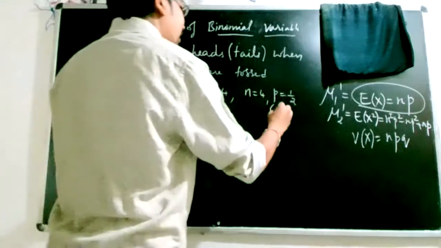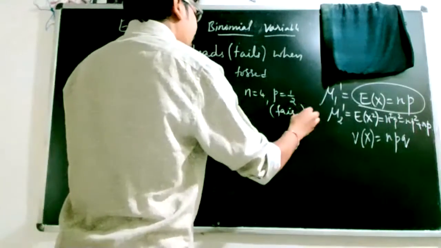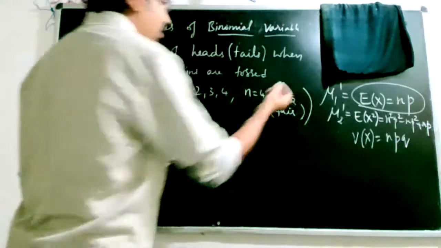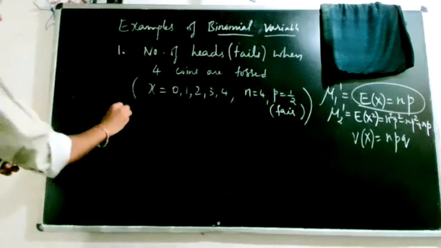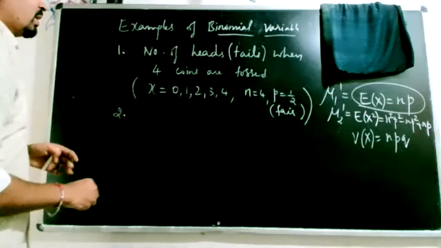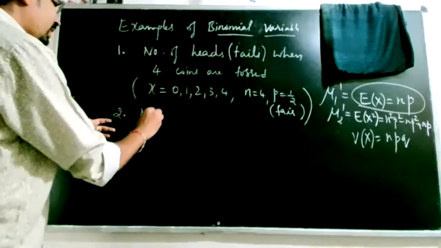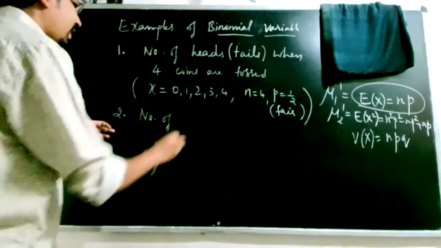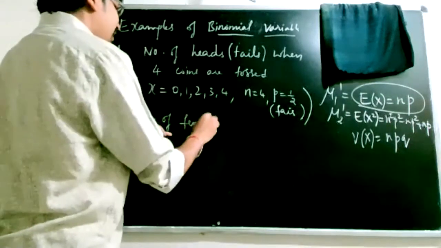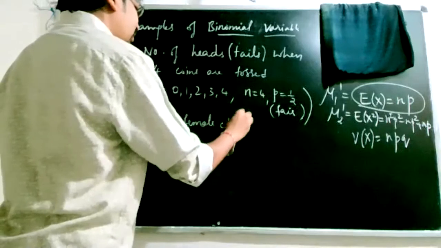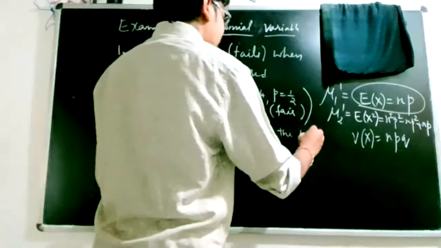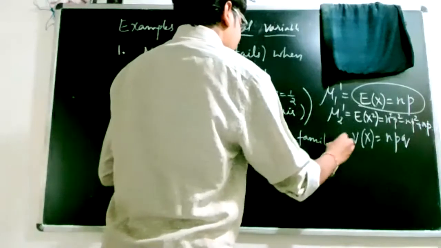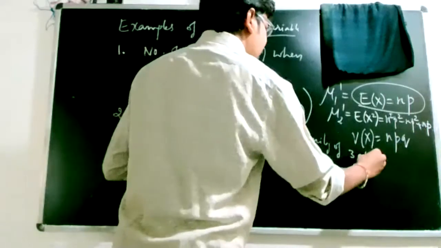So assuming that the coin is fair, if it is unfair, you will have a particular value of p other than 0.5. Now similarly, you are visiting a family and we are counting, say, number of female children in the family of, say, 3 children.